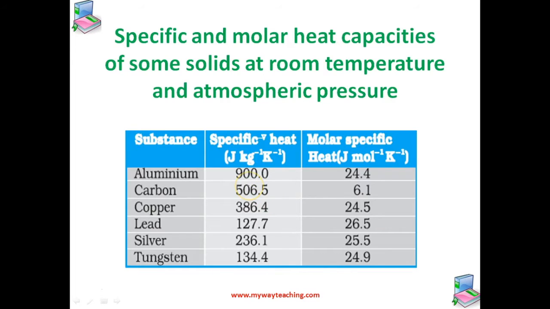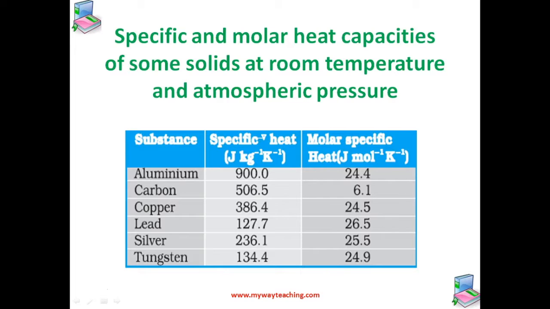Which means the predictions of specific heats of gases generally agree with the experiment. We can use the same law, that is equipartition of energy, that we used to predict the molar specific heat capacities of gases, for solids as well, isn't it?